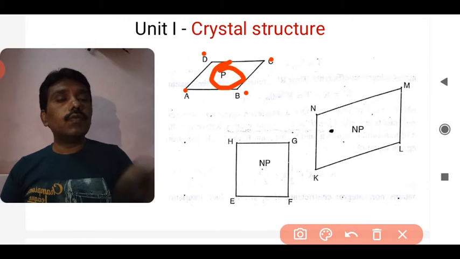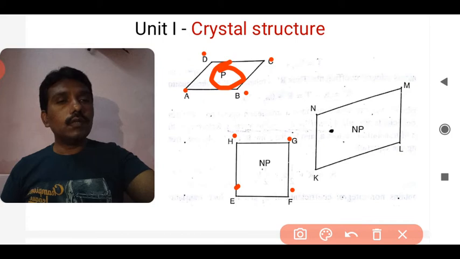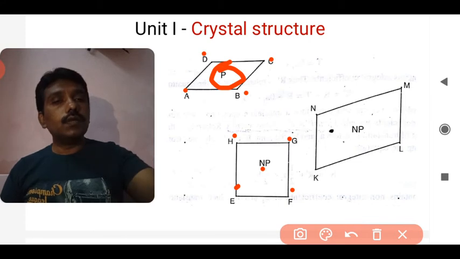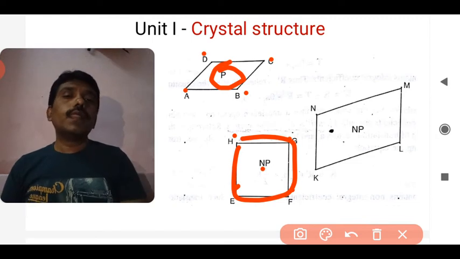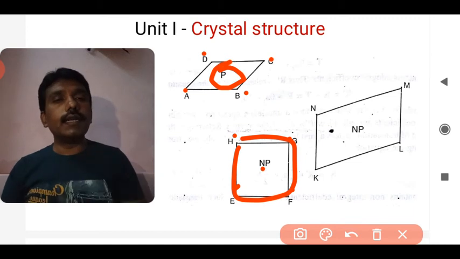But if you look at EFGH, here NP is 1 point. In EFGH, the points are not only on the corners but also exactly at the center.